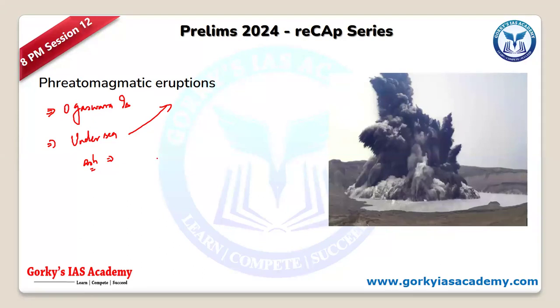So similarly, you have both acidic as well as basic components in this type of volcanic eruption, right? And when the erupted materials deposit, are they coarse grained or fine grained? Not fine grains.